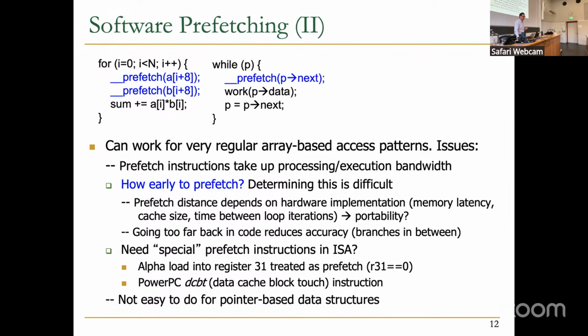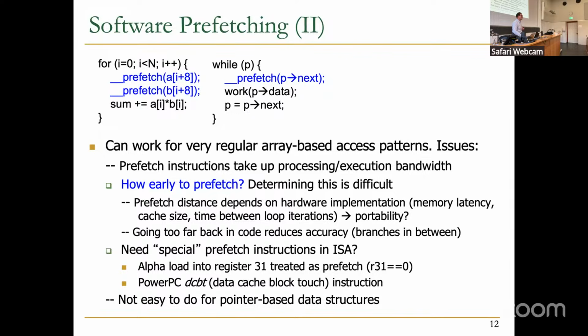Okay, let's take a look at some other piece of code. This is a linked list traversal. As you can see, you're doing some work on the data of this node, and then you're moving to the next node. And then you're repeating this until you reach the end, until P is null, basically. And you add this prefetch instruction for P next. Does this work?